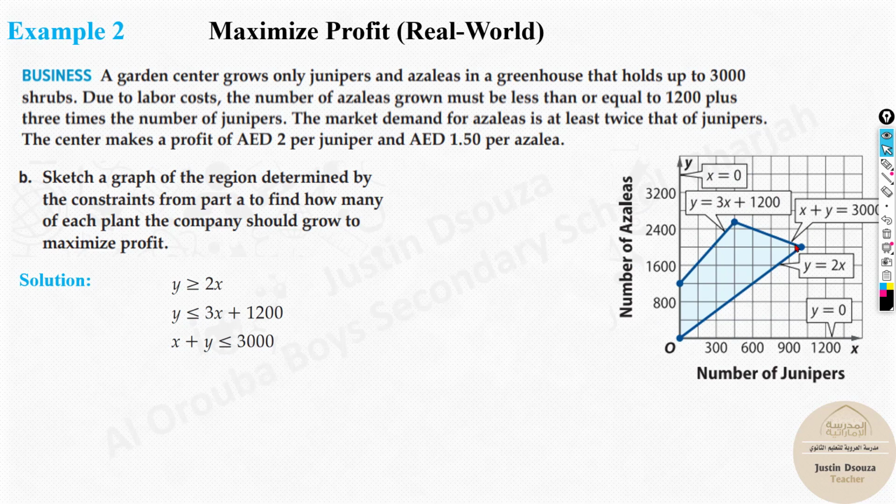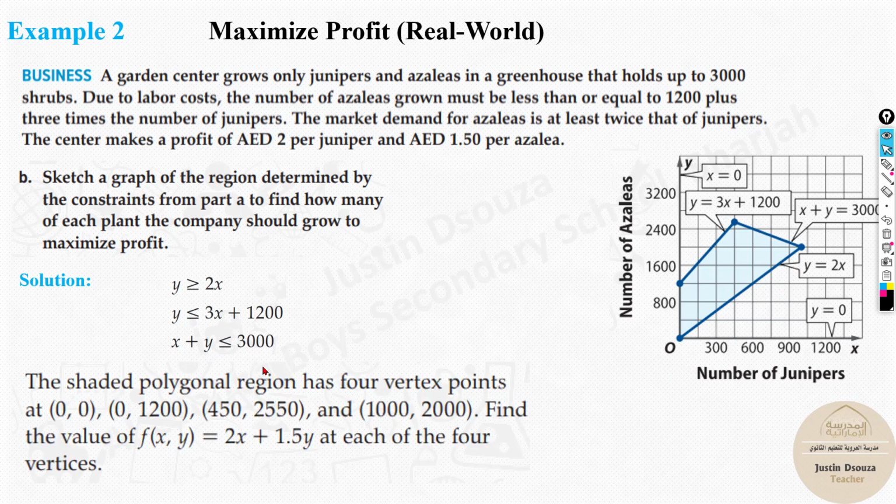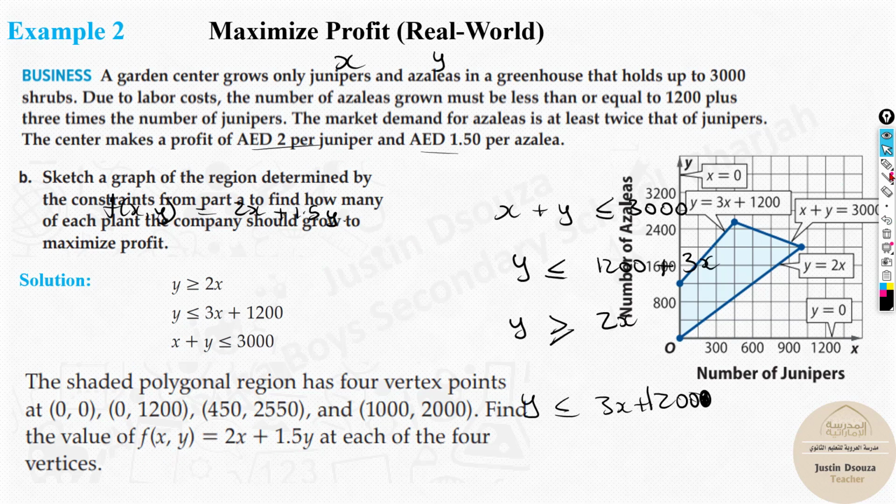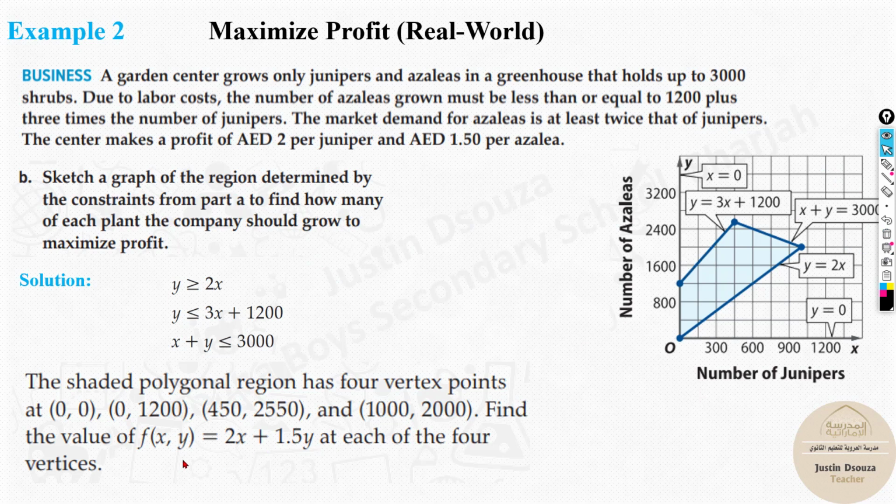And then find the vertex points. Solve these two equations just like what we have done before, and then find the vertex points, substitute them in the objective function which we had written just a while ago, and then you will get the maximum limits. Here we have to maximize the profit.